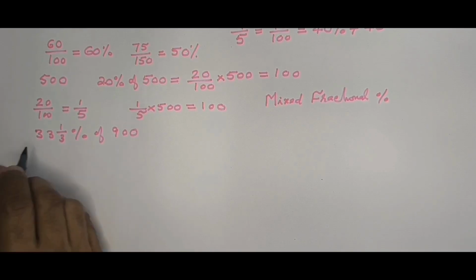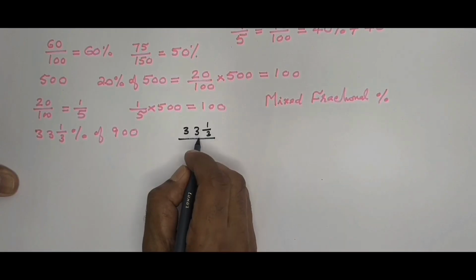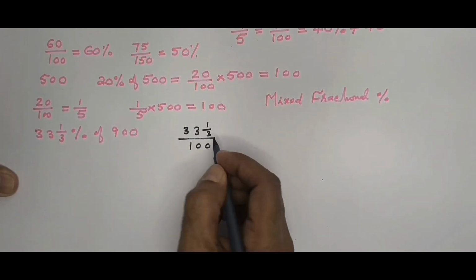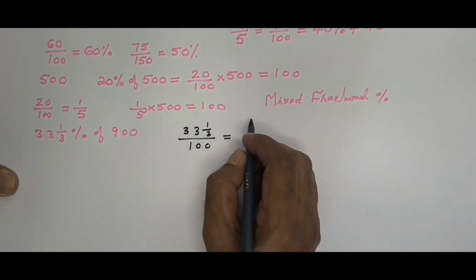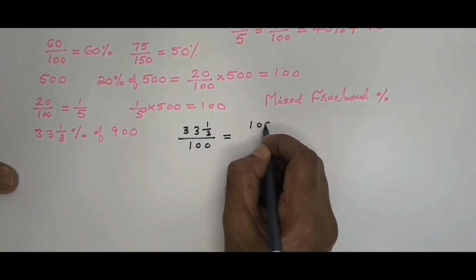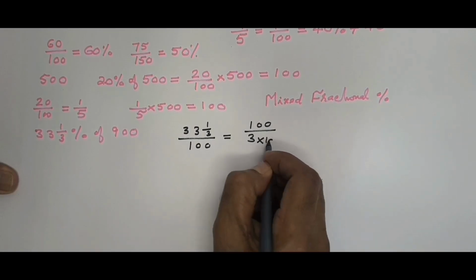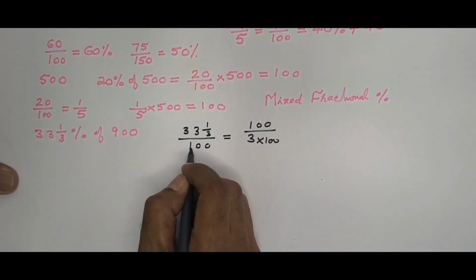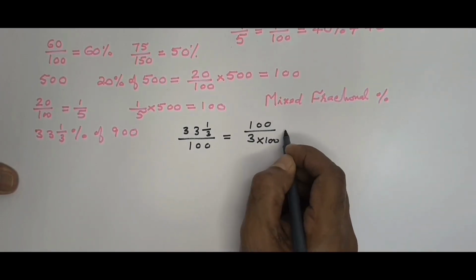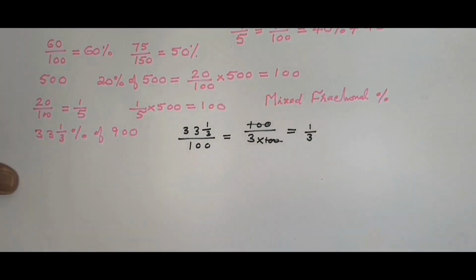Look at this. 33 and 1/3% means 33 and 1/3 divided by 100. You simplify this. When you convert it into an ordinary fraction, you get 100 divided by 3. Then there is 100 other than that. This 100 by 3 is just 33 and 1/3. This 100 is separate.